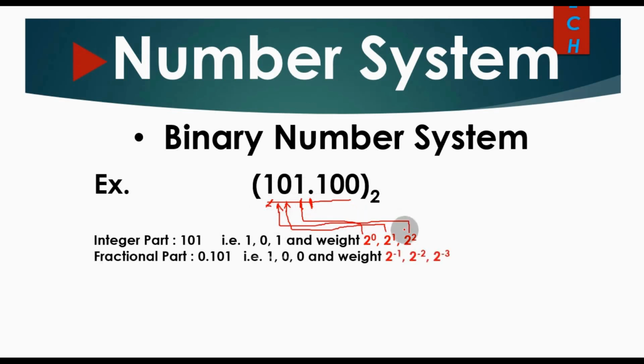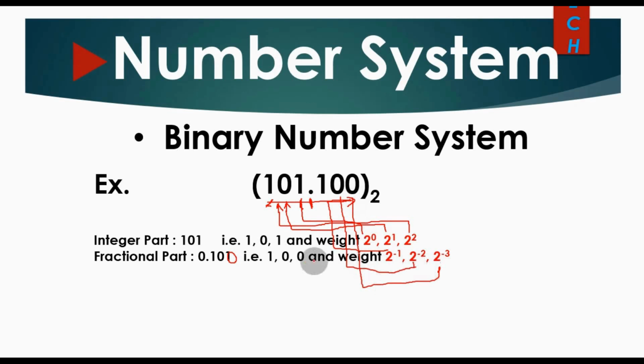And the fractional part is 100, right? The bits after the decimal on the right side, arrow marked this side, mean to the power minus 1 is this, then 0 to the power minus 2 and then this 0 to the power minus 3, right?